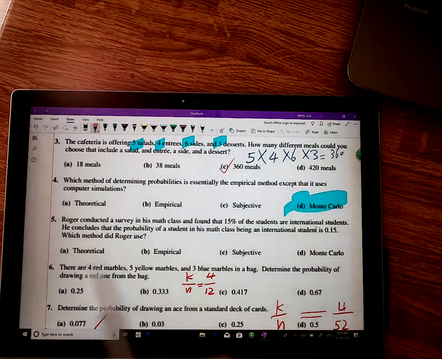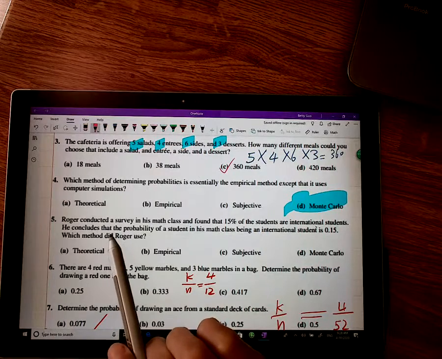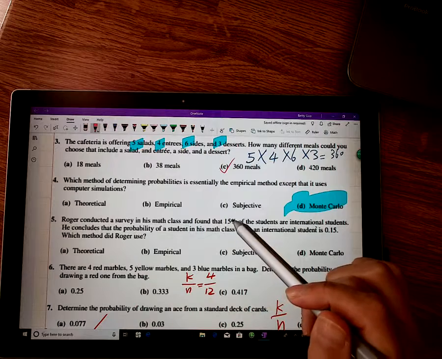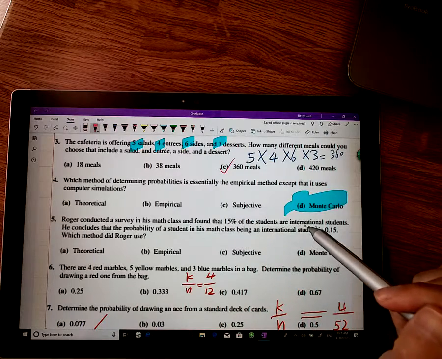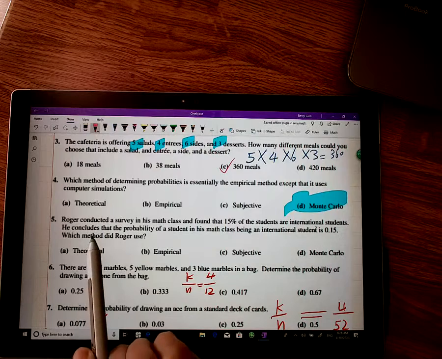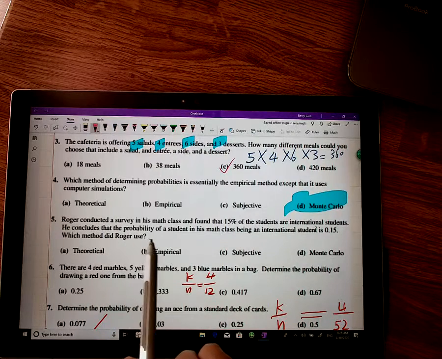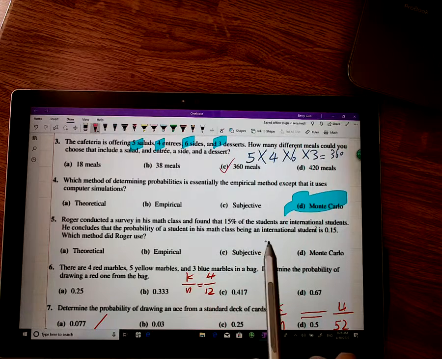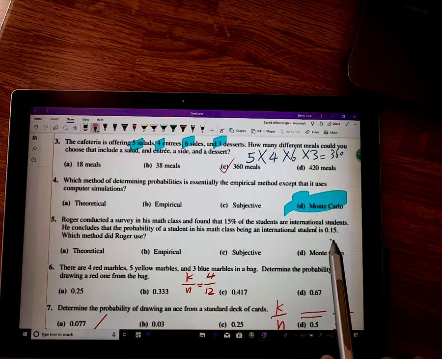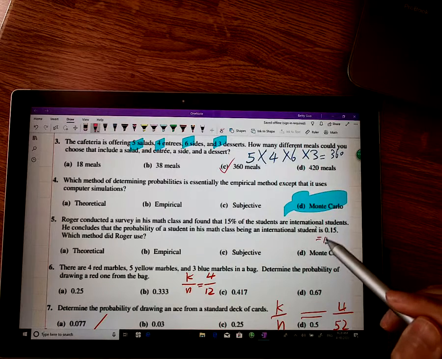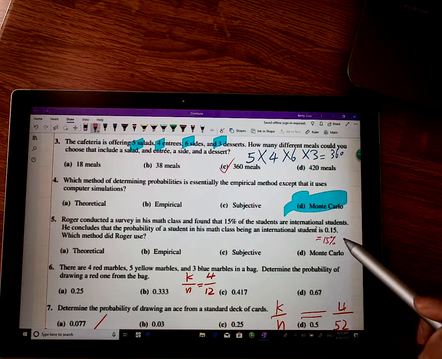So number 5, Roger conducted a survey in his math class and found that 15% of the students are international students. He concludes that the probability of a student in his math class being an international student is 0.15. 0.15 is also equal to 15%, right?